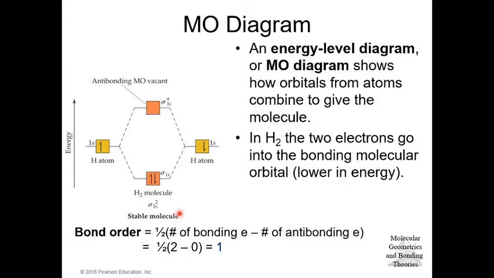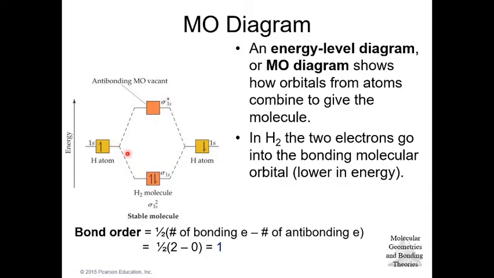So for my hydrogen molecule example, here's one hydrogen atom with an electron in the 1s orbital. Here's my other H atom with his electron in the 1s orbital. They come together, they overlap, they make the molecular orbital. Here's my sigma bonding with 2 electrons in it, called sigma 1s, because my electrons came from the 1s orbitals. And here my anti-bonding orbital is empty. I call it sigma 1s star.